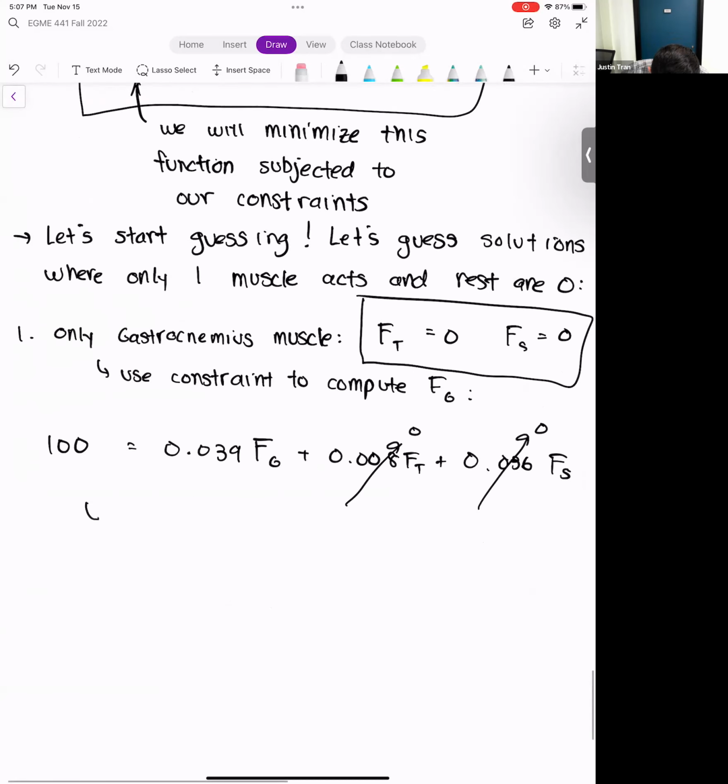Okay. And then we're going to solve the rest of the equation for FG. Okay. And so FG here is equal to 100 divided by 0.039. And so if we perform that division, we get 2,564 newtons. Okay.